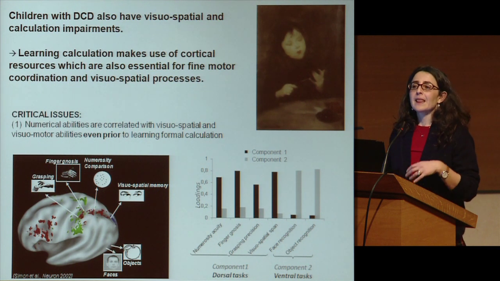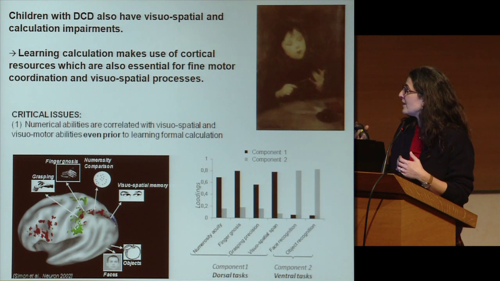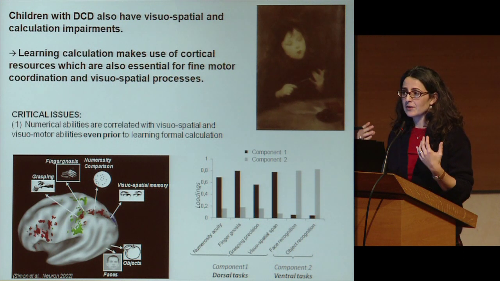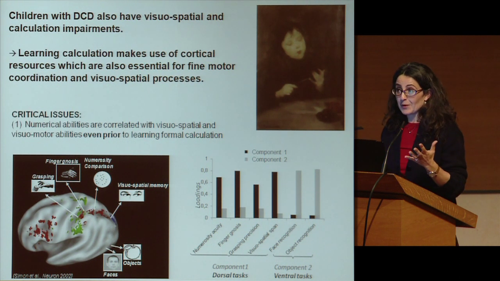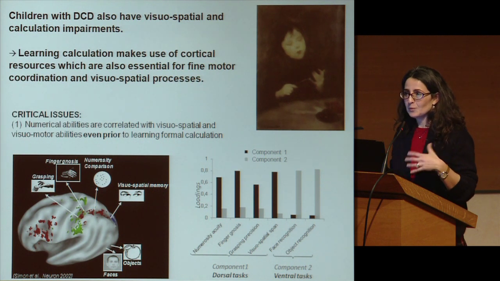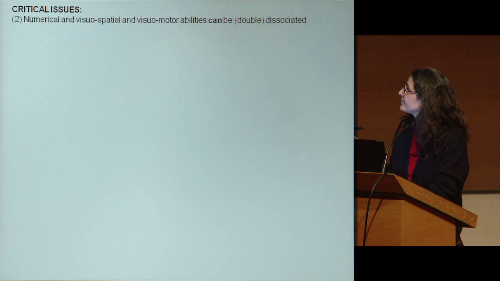So if numerical ability is already intertwined and correlates with visuospatial ability prior to formal education with symbols and arithmetical calculation, we have to understand if there is an additional effect of education on this.